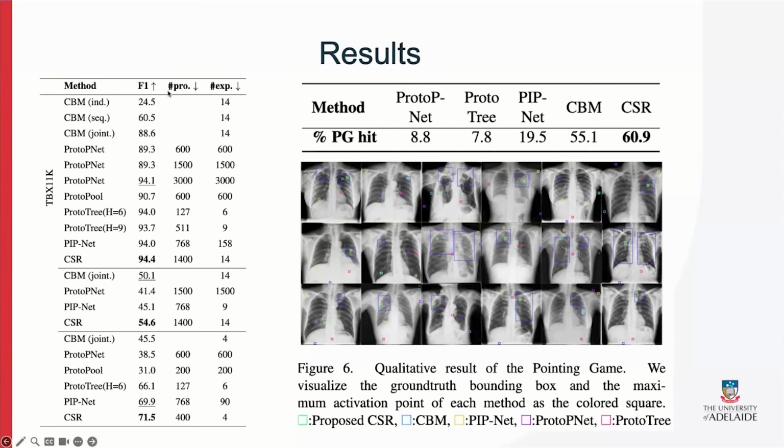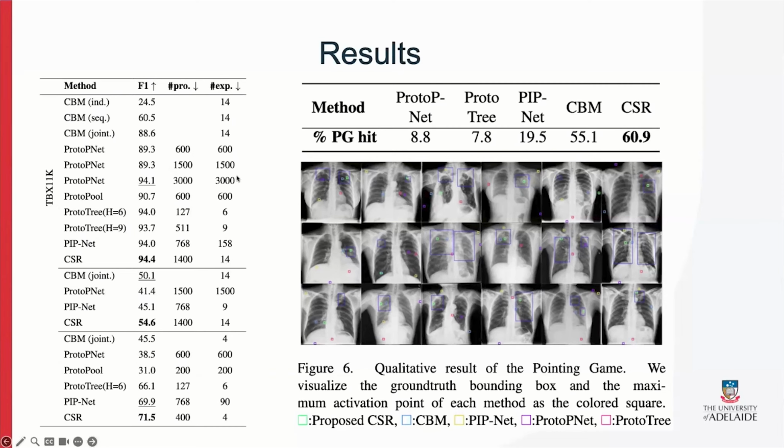And we're evaluating it using F1 score for classification results, and also the number of prototypes and explanation. And CSR outperforms all of those other explainable methods with very few explanations.